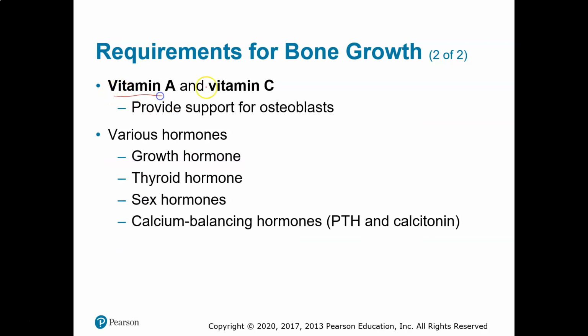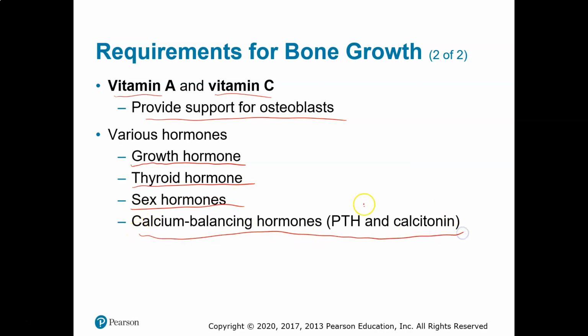They provide support for the osteoblasts to produce more bone tissue. Some hormones also affect bone growth: growth hormone, thyroid hormones, sex hormones like testosterone and estrogen, and calcium balancing hormones like parathyroid hormone and calcitonin.